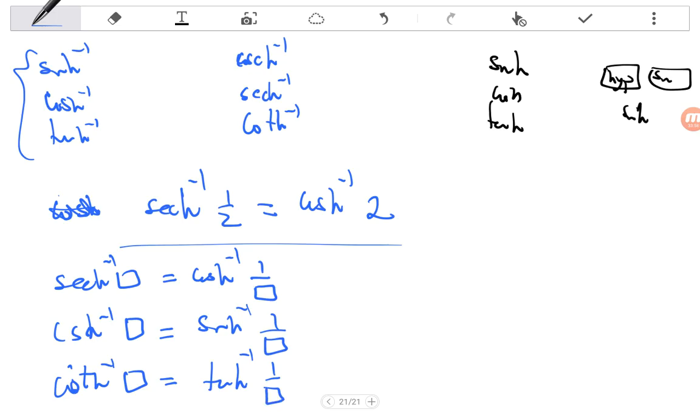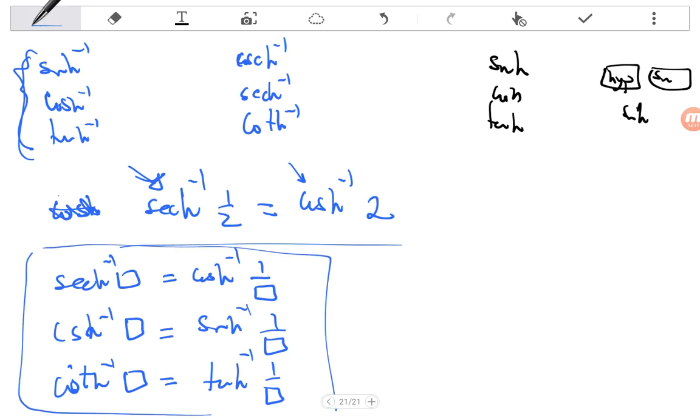So in that way, whenever I need to calculate such a value, I just re-express it in terms of the three basic inverse functions, which are sinh inverse, cosh inverse, and tanh inverse, by using these three laws.